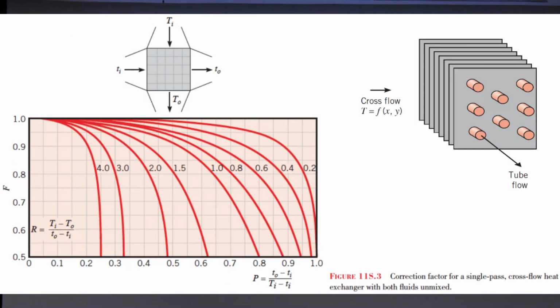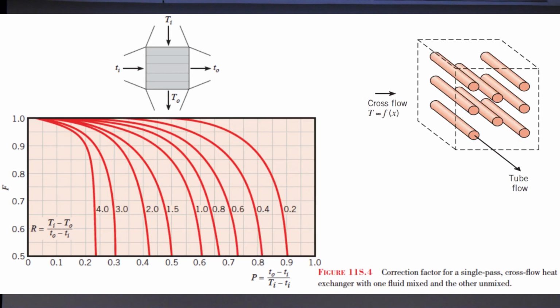Hey, unmixed cross-flow, mixed cross-flow. The real difficulty of heat exchangers from the fundamental point of view is getting these curves, but the curves are there, right? So you can now calculate very complex heat exchangers.